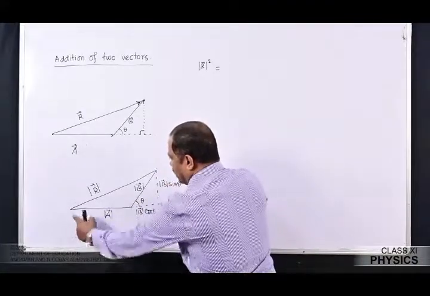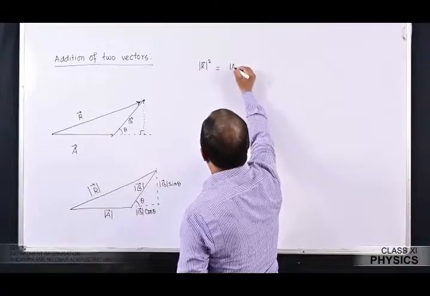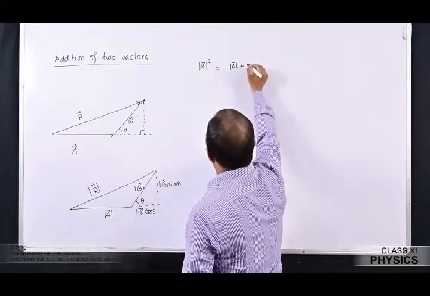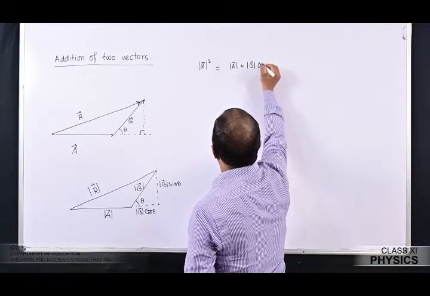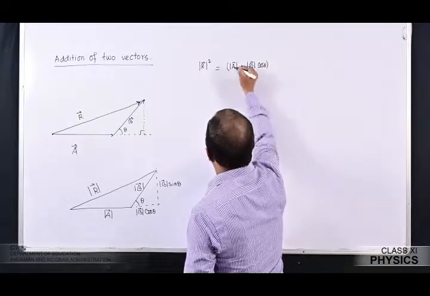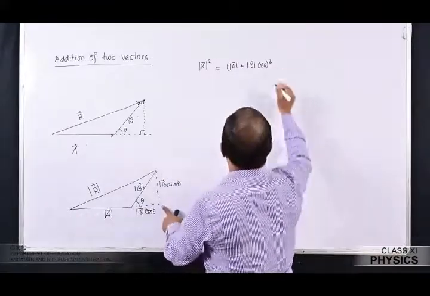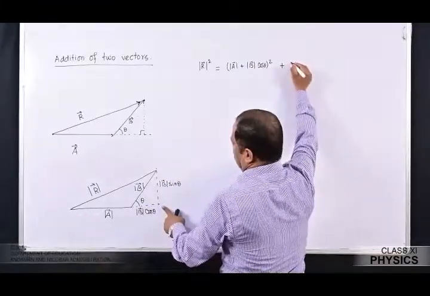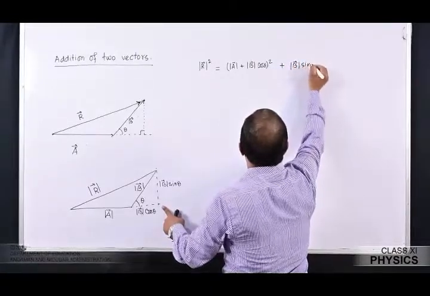This side is nothing but A plus B cos theta, the whole square, plus the square of this side, B sin theta, the whole square.